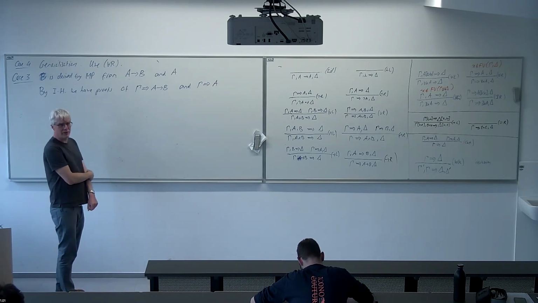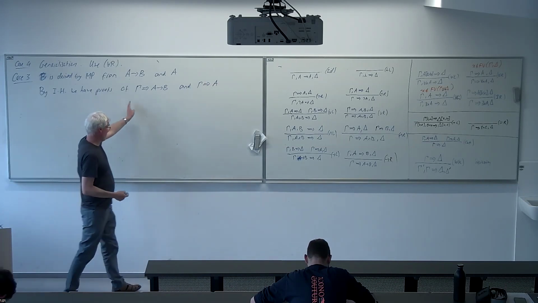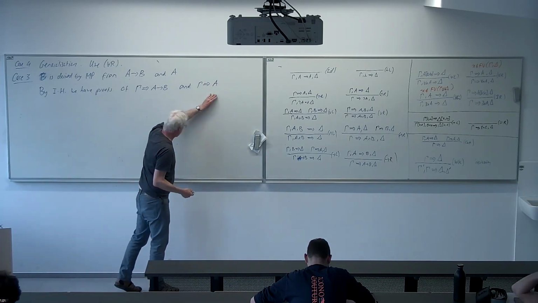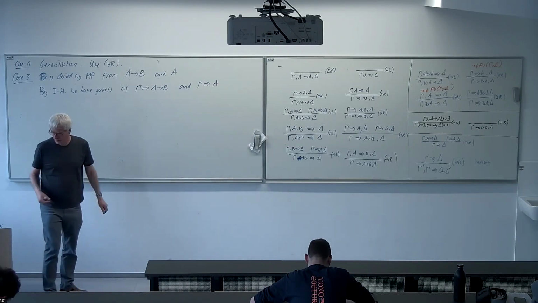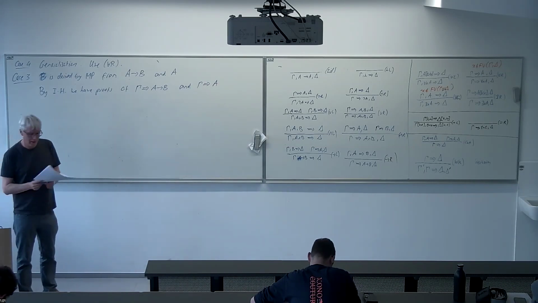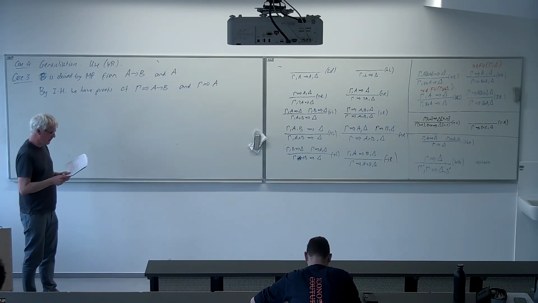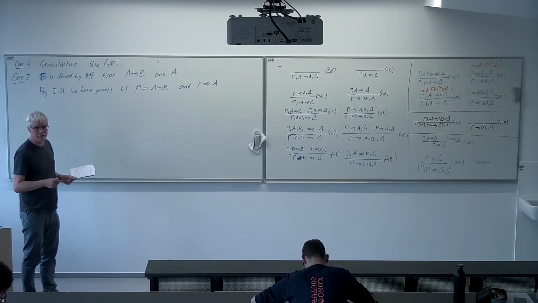But how do we convert that into a sequent proof of the sequent that B follows from gamma? Well, this is not totally straightforward.